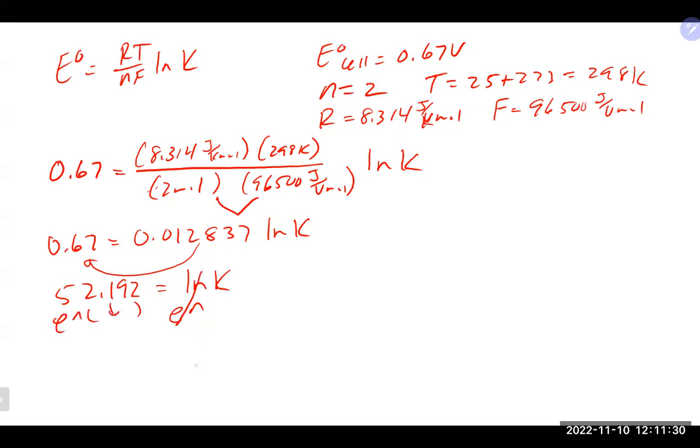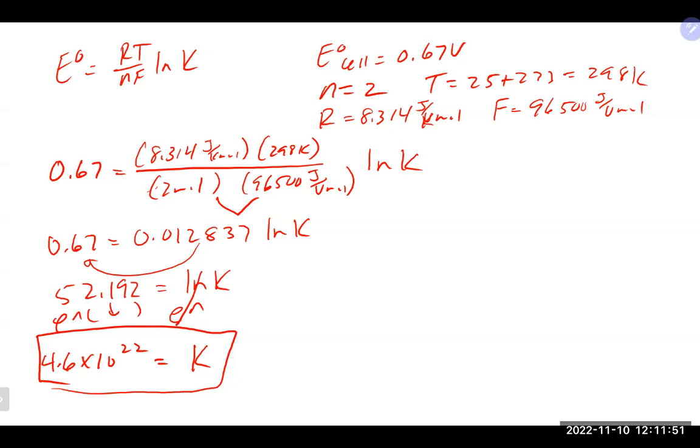Obviously, when we do that, that just becomes K, and that's going to give us 4.6 times 10 to the 22 in terms of our equilibrium constant. Any questions on any of that?